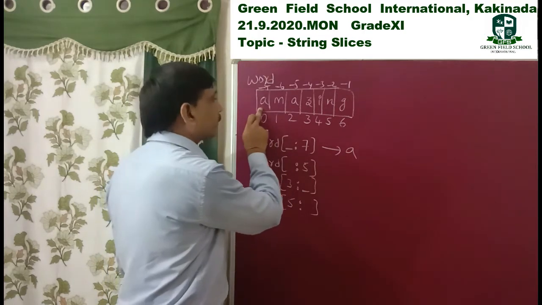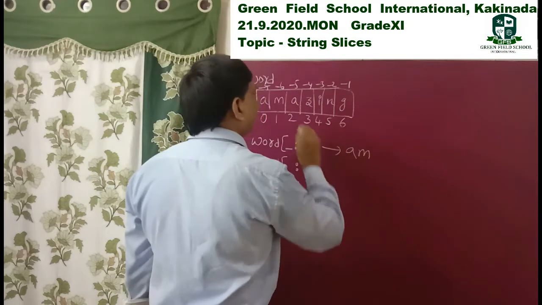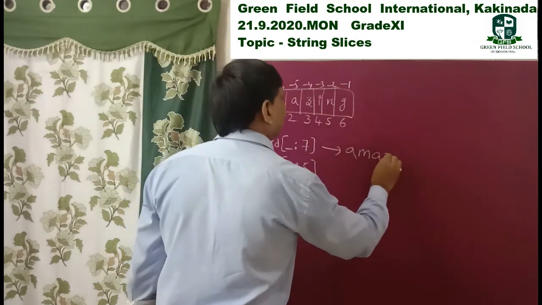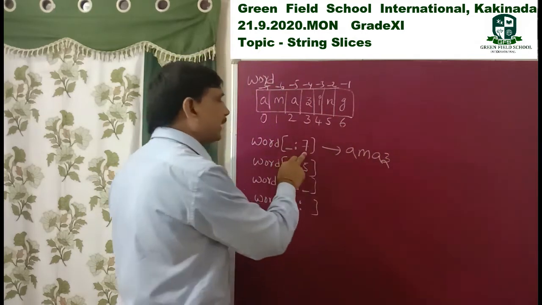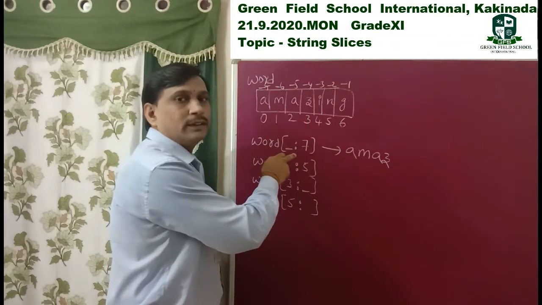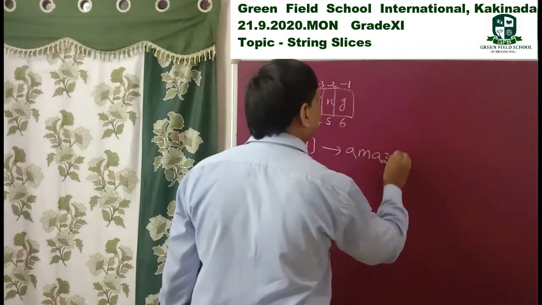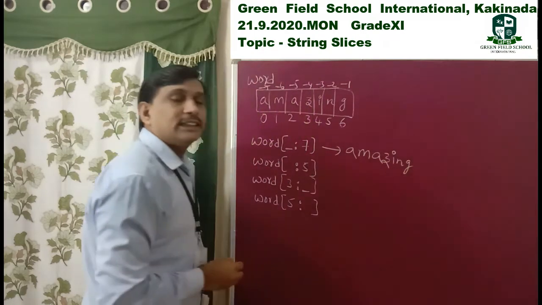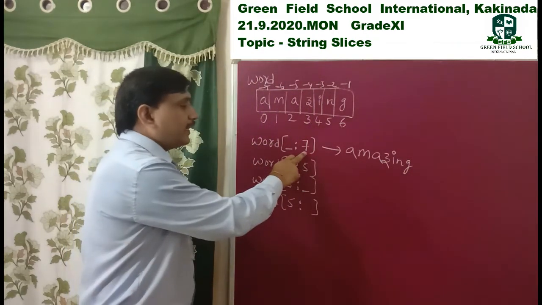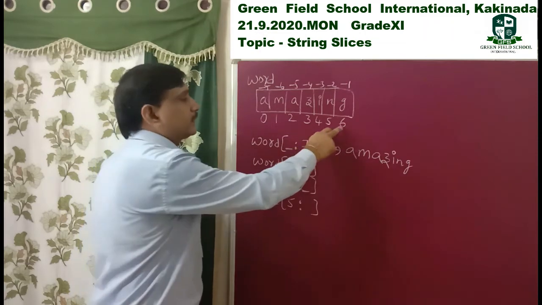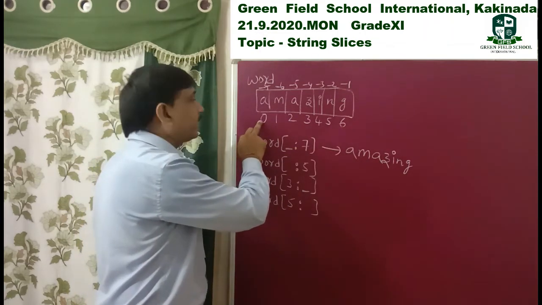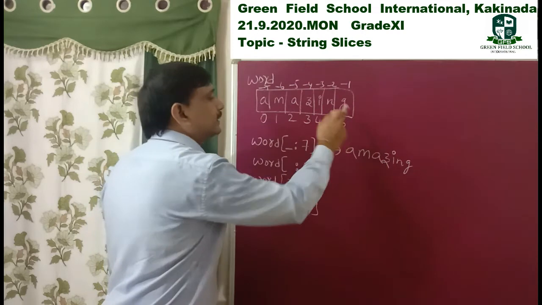So A, M, A, Z, up to the 7th character. 7 means 7 minus 1, 6. So from starting to ending, amazing. This is the output. Because here it goes up to 7, 7 minus 1, 6, and the starting is not defined, it accesses from A to Z.